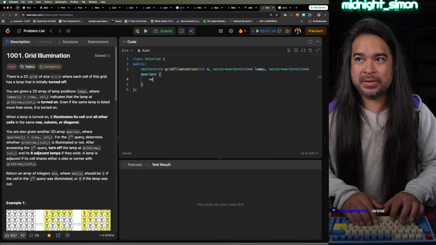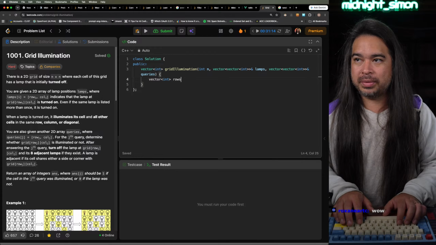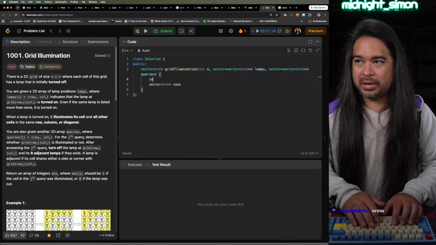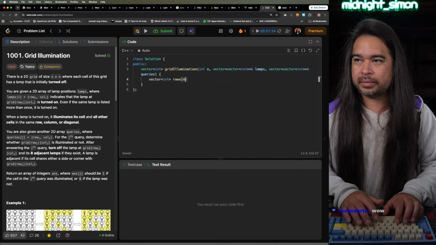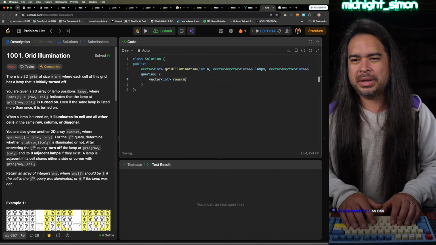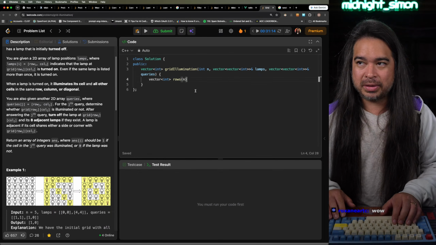I will count the lamps in each row, column, and it's n by n. So how many columns? How many diagonals? 1, 2, 3, 4, 5. I guess n plus n diagonals. N plus n minus 1.